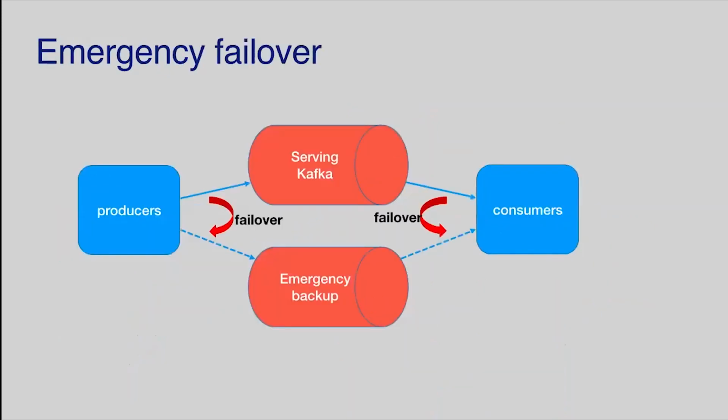Next, for the synchronous use cases, we implemented an emergency failover mechanism. It is very straightforward. In every major data center, we have prepared one backup Kafka cluster, and we also embedded a switch in all the Kafka producer and consumer clients. When the serving Kafka cluster becomes unavailable, we flip the switch, and the traffic will be failed over to the backup cluster.